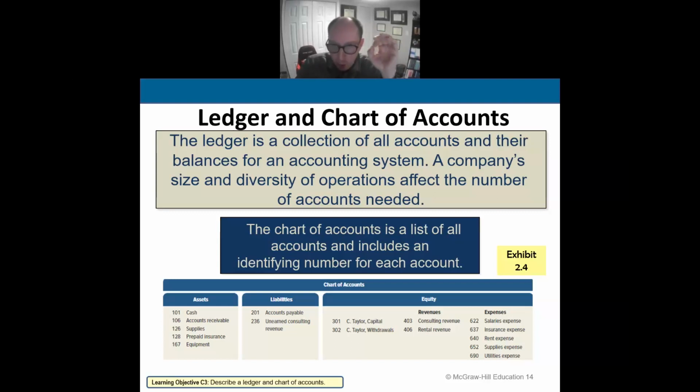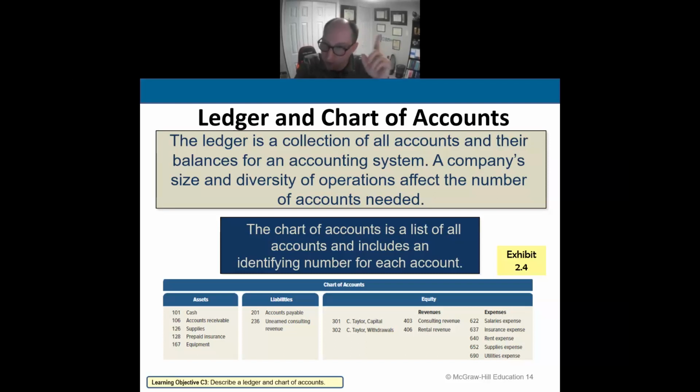The word liquidity means how quickly we can convert something into cash. That's what it means to be liquid.